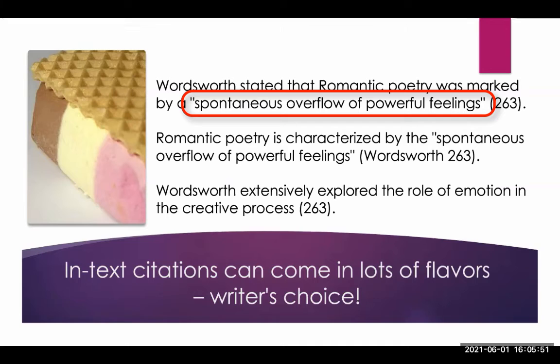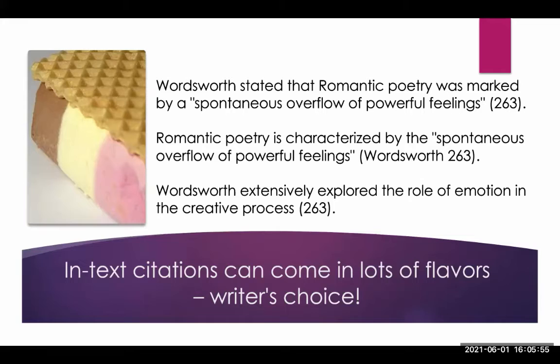That is a very evocative and amazing way of talking about poetry. Of course, he's a poet. He's going to be real poetic. So this is a great example of when the author's words are so awesome, you could not possibly duplicate them in any way. But because I use a signal phrase, the author's name is not present inside the parentheses, but there is the page number. Always the page number. Direct quotation always gets a page number, unless you don't have a page number because it's an electronic source.